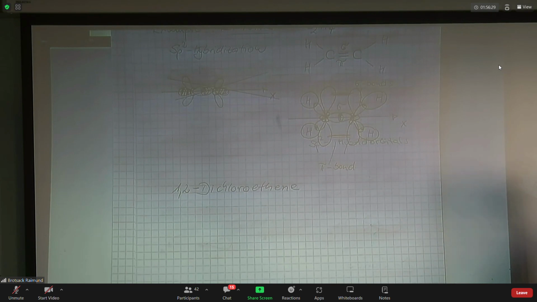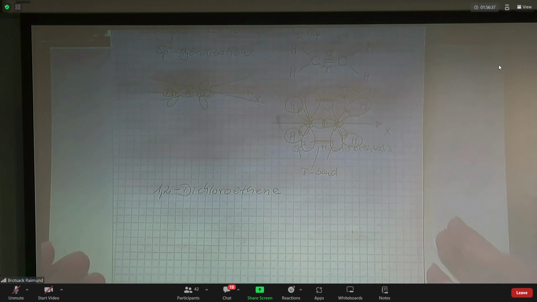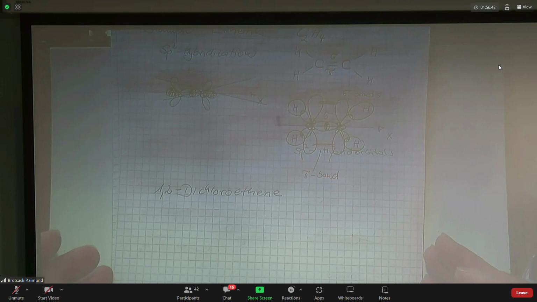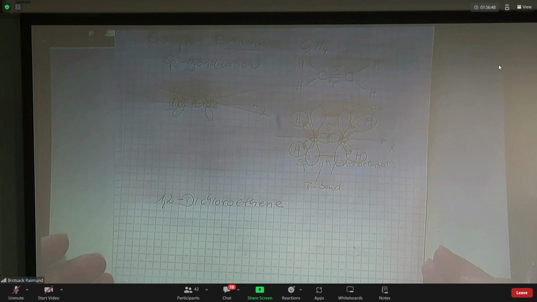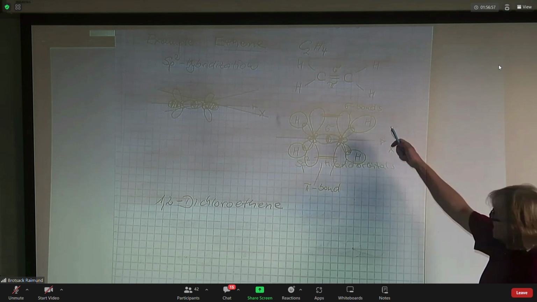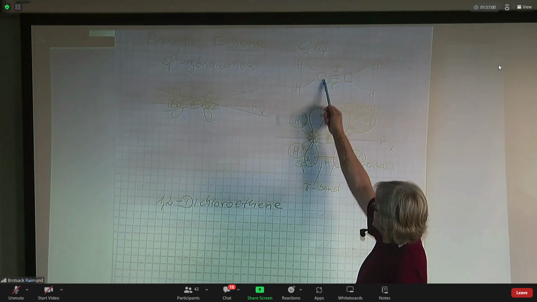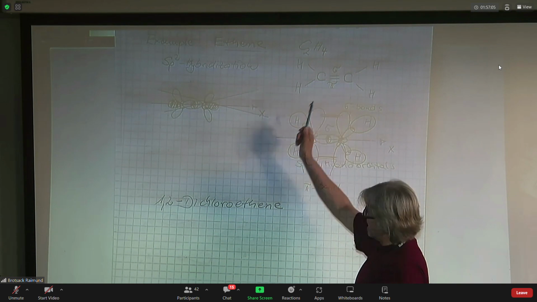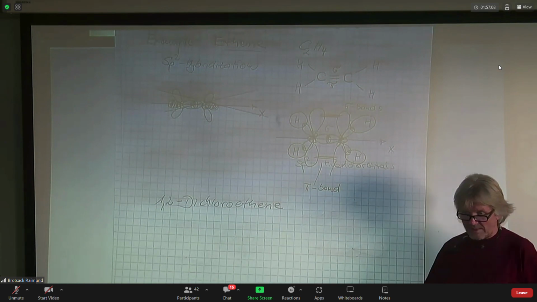Can you imagine what? Yeah, but you have to describe it a little bit more detailed. Where do we have the chlor atoms? When this is the normal ethene, and we just say that's molecule 1 or atom 1, 2, 1, 2. So we have two carbons, 1 and 2. And we say 1,2 dichloro. What does it mean for the chlor atoms?